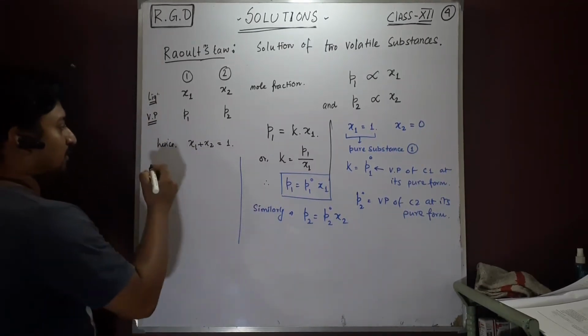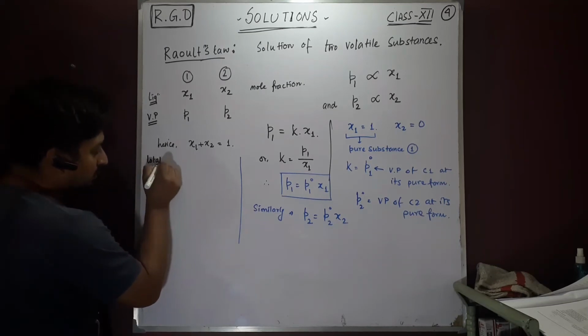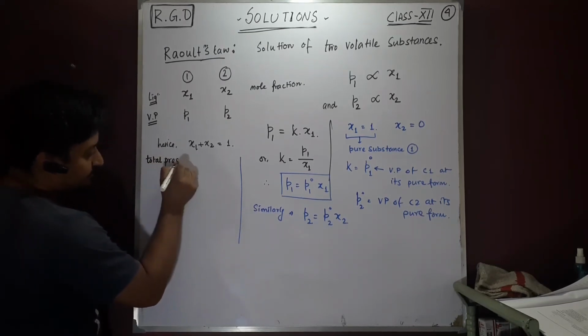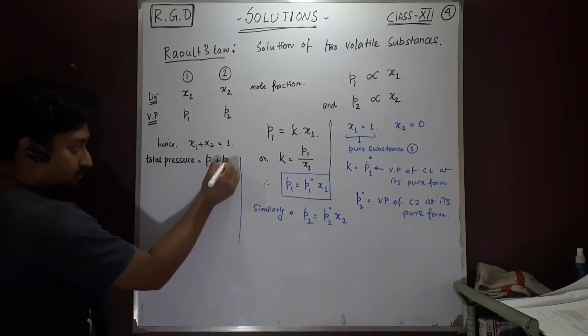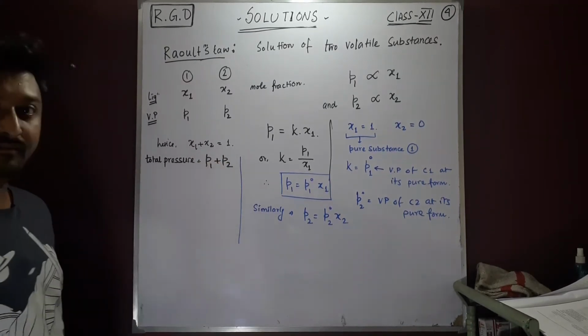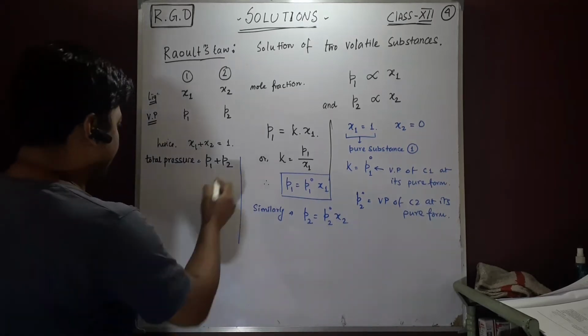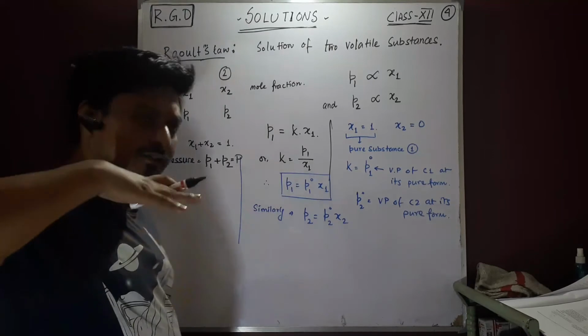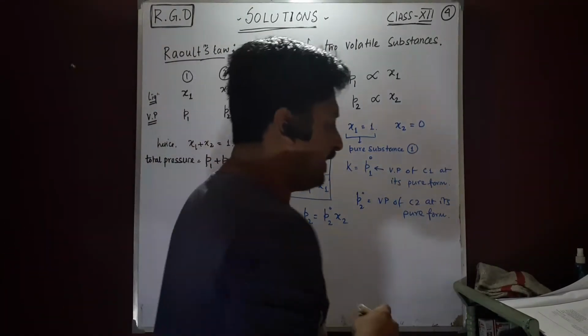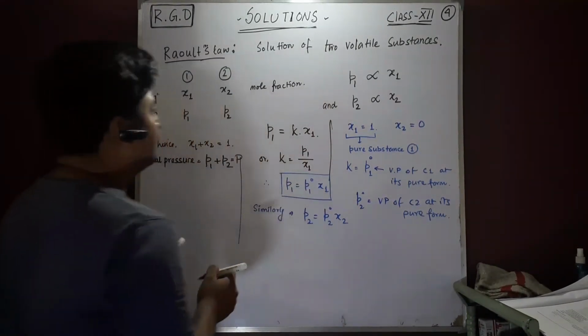If I see the total pressure, what is total pressure? P1 plus P2, right? That is equal to nothing but capital P, the total pressure given by the solution. So what I can write here?